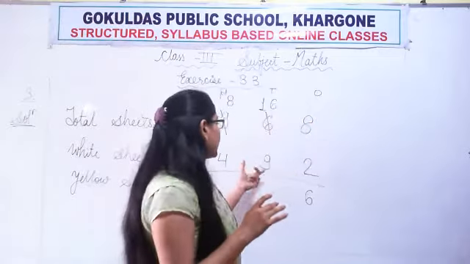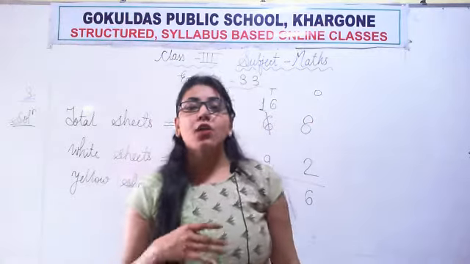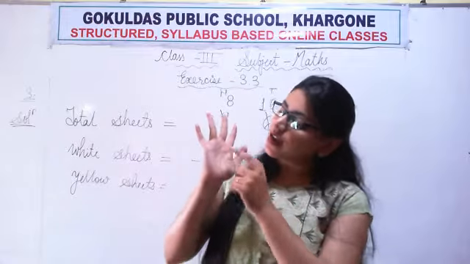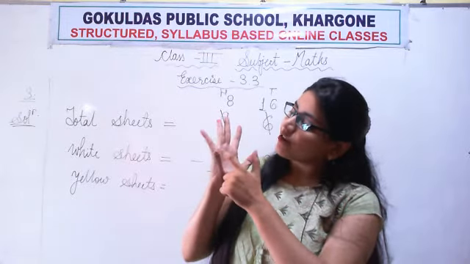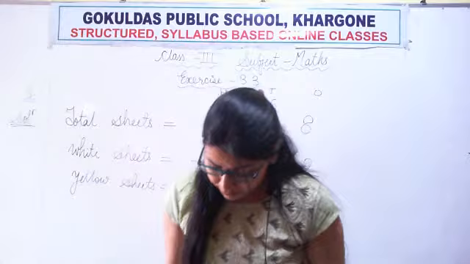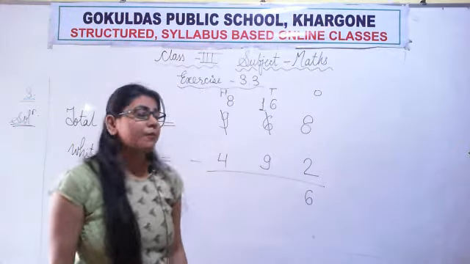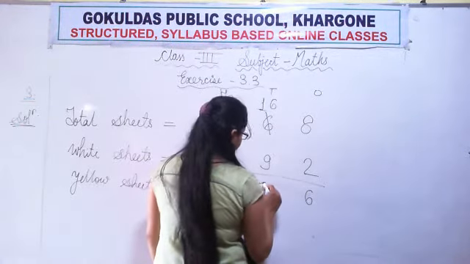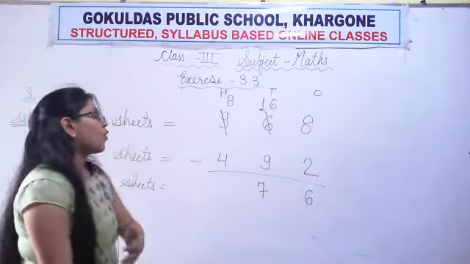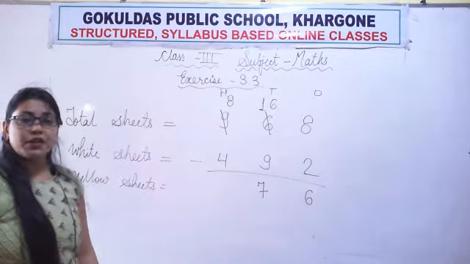Now we'll count the remaining finger marks. 1, 2, 3, 4, 5, 6, 7. It means we'll write the number 7. Now we are done with tens column also.